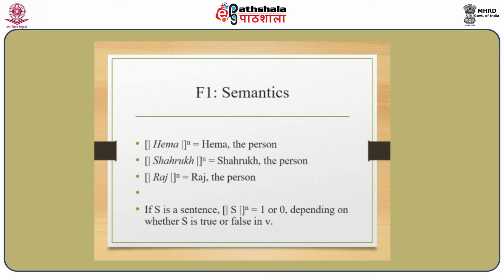In any given circumstance, they refer to the persons in question, and so their semantic value is just the person being referred to. We saw that it is reasonable to take the semantic value of declarative sentences to be their truth values. Since the same sentence can be true or false depending on the circumstances, its truth value is true or false relative to a circumstance.